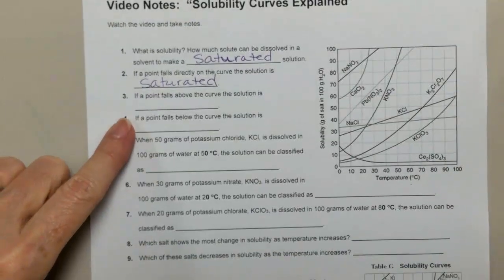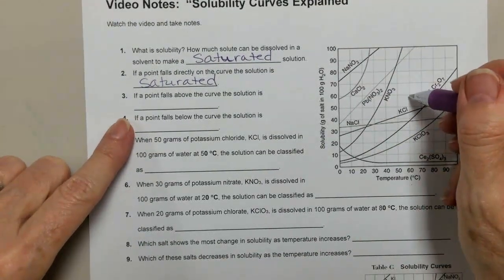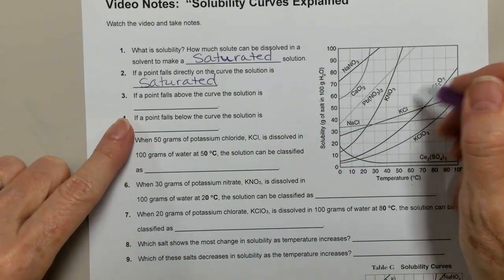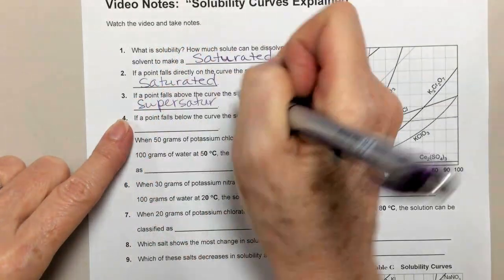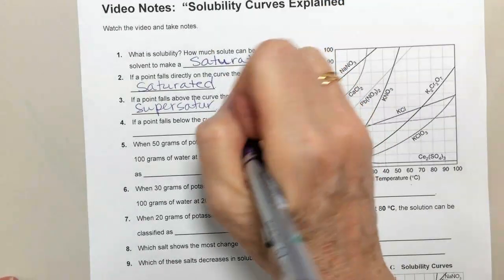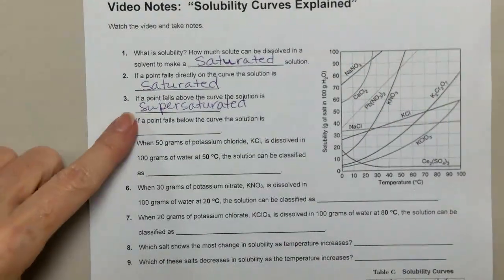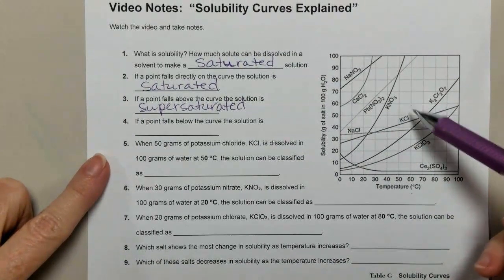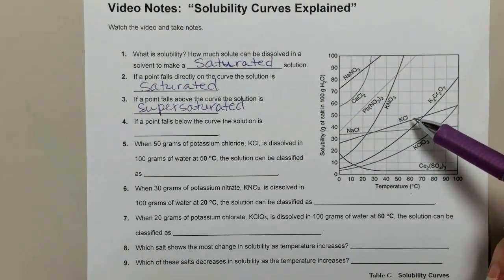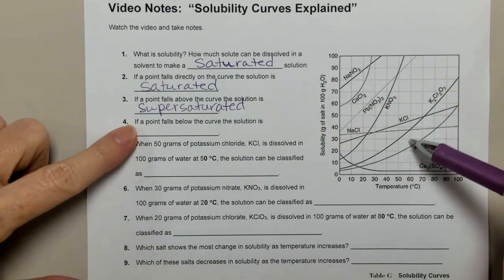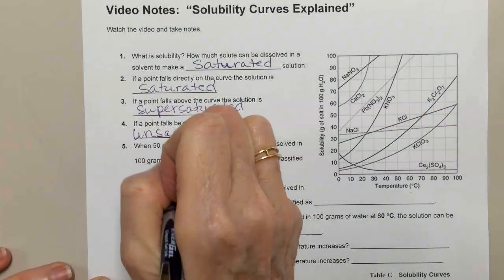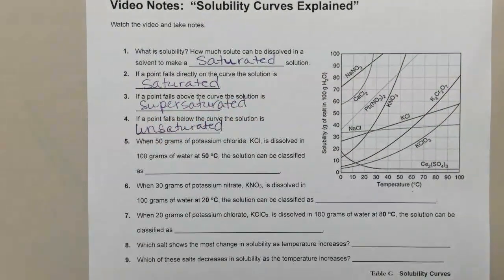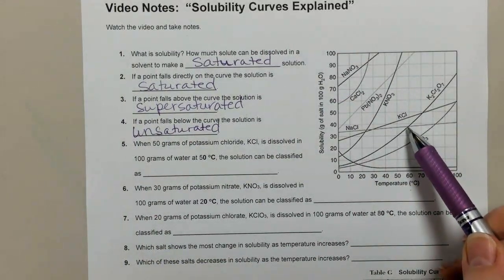If the point falls above the curve, above the line, then that's called a supersaturated solution, because there's more solute than can dissolve at that temperature. But if your point falls below your line, that's called an unsaturated solution. Because what? I can still add more solute at that point, at that temperature.